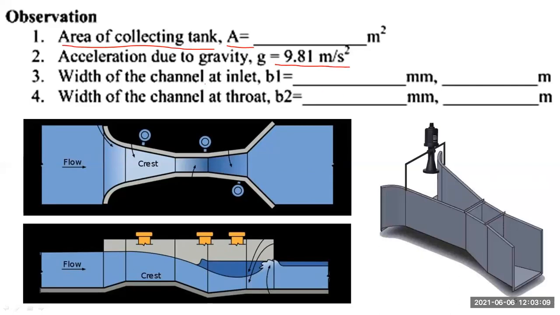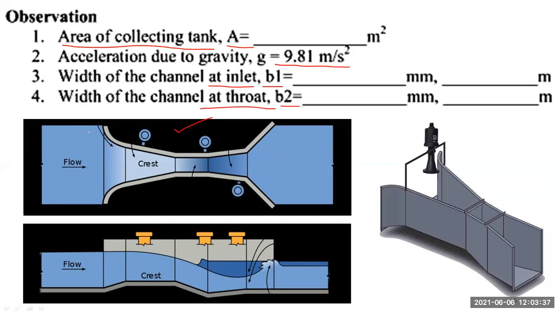And the acceleration due to gravity, g, is 9.81 meter per second square. The other data you have to note down is the width of the channel. As I mentioned while telling the procedure, you have to note down the width of the channel at the inlet, which is taken to be B1, and the width of the channel at the throat, that is B2. You can see the setup. This is how the Venturi flume will look, exactly like your Venturi meter.